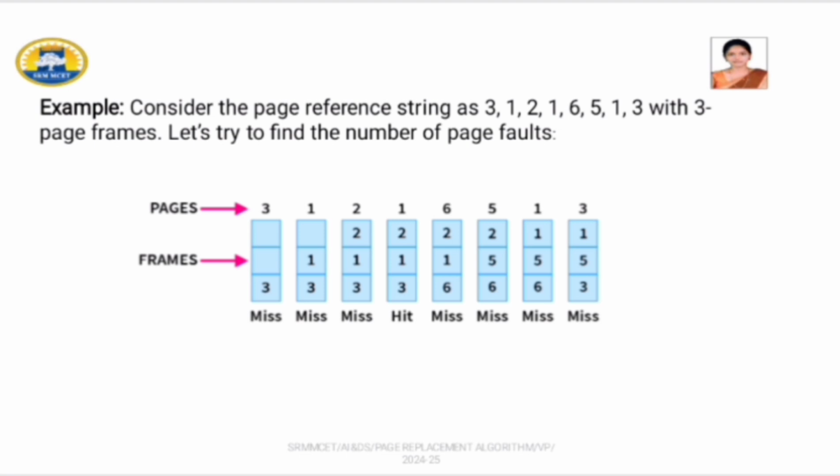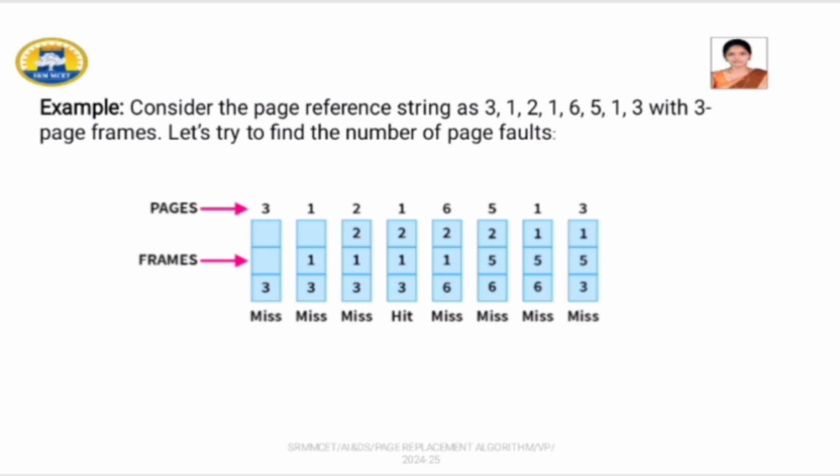The frames are 3, and at first the frame is empty. So the OS checks the first reference string, 3. It can be placed in the first frame, so it is marked as a miss.